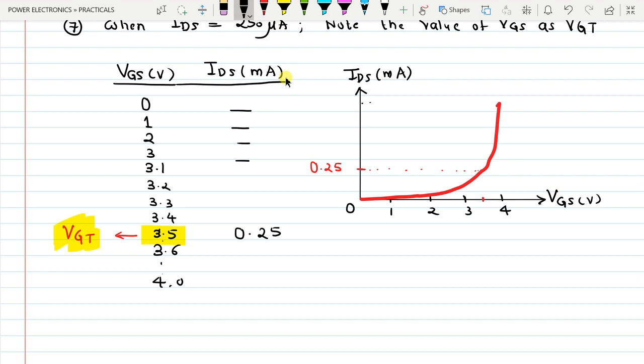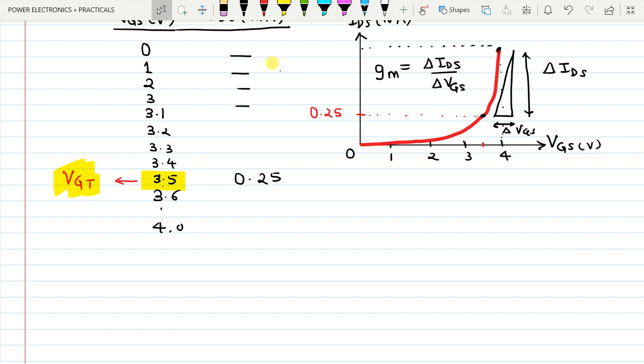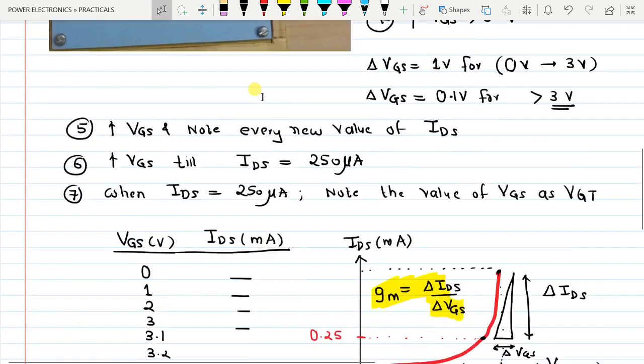Taking this point and this point, my transconductance gm is equal to delta IDS upon delta VGS. So the first two bits are already done here.